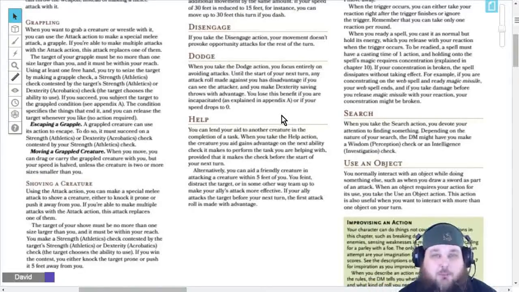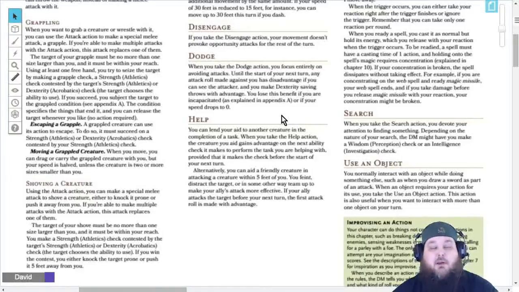Your party members can help you. Take that dodge action. That's really nice. You can lose the dodge effect if you are incapacitated. So if basically you go unconscious, or any other condition that gives you incapacitation, or if your speed drops to 0, then you'll lose dodge. Like I said, dodge is very powerful.